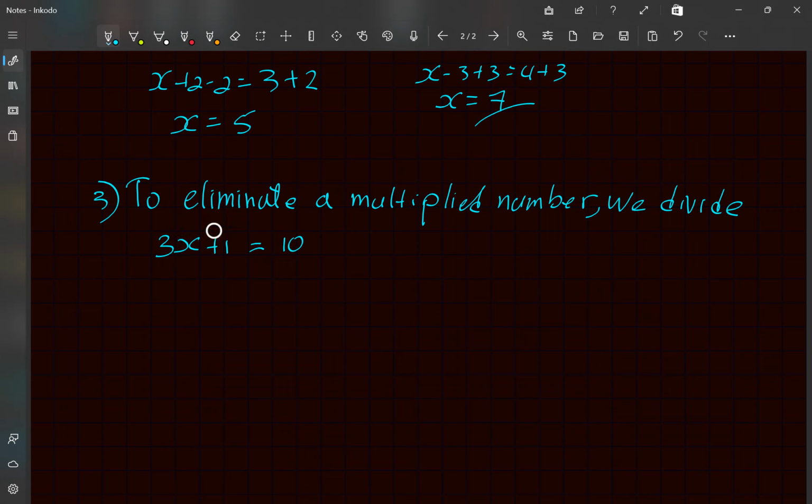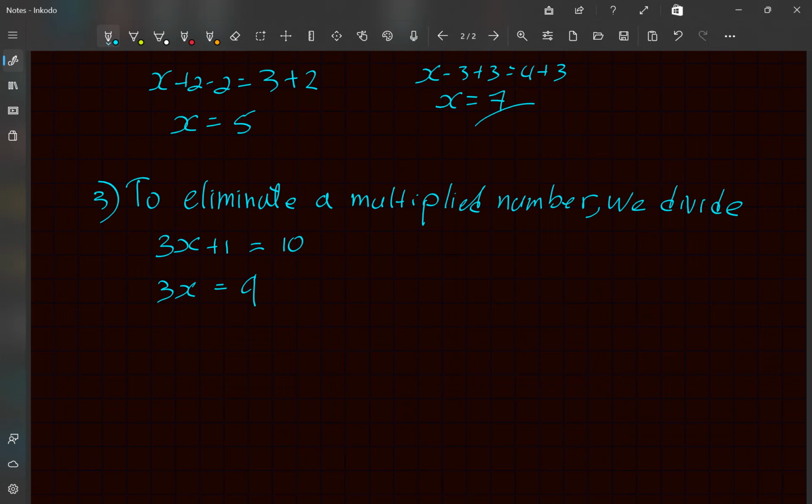So firstly, I need to get rid of this 1 before I deal with this 3x. So to get rid of this 1, I would minus 1 from both sides. Ten minus 1, that would give us 9.